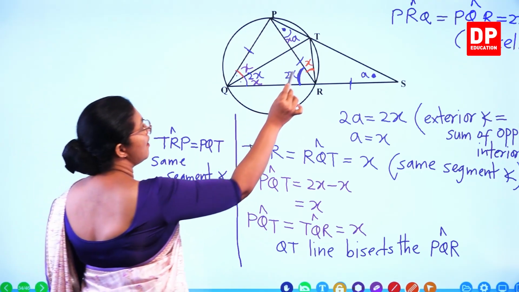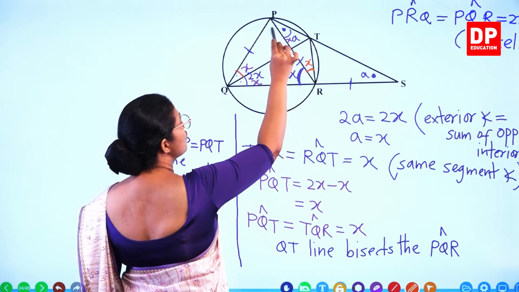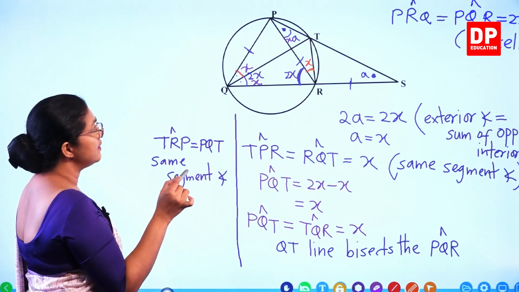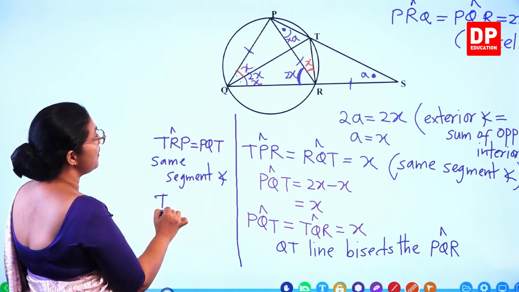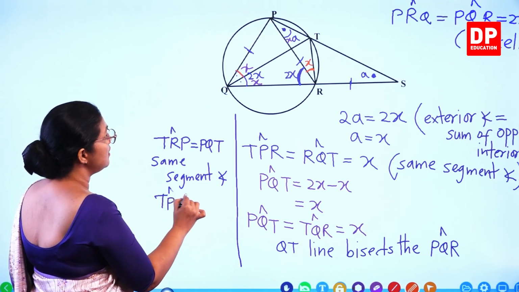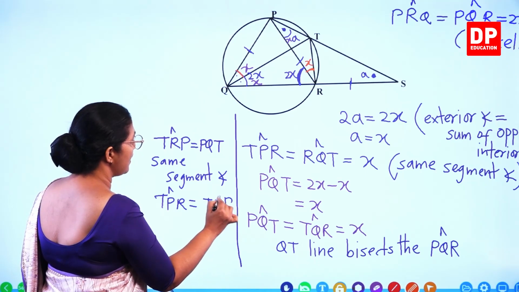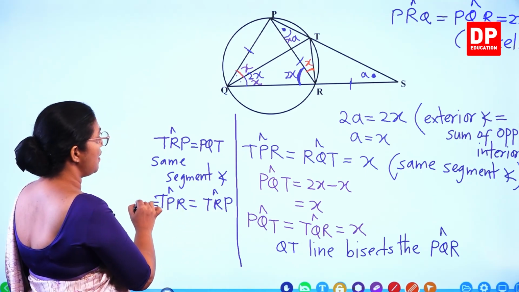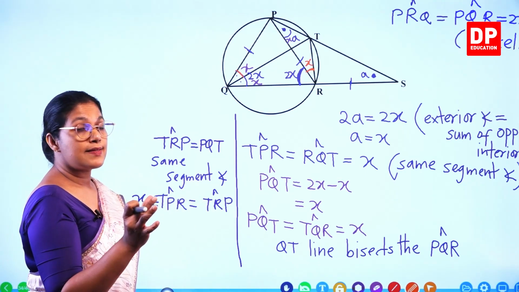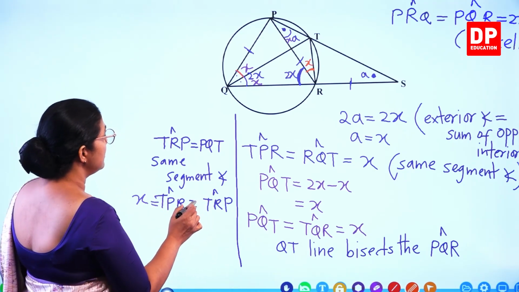Therefore, we can see that in this triangle PTR, angle TPR is same as angle TRP, is same as x. This is an isosceles triangle.